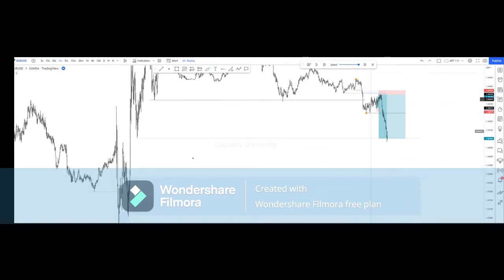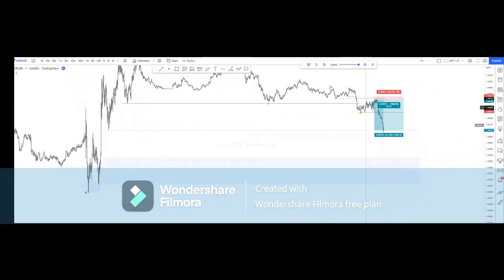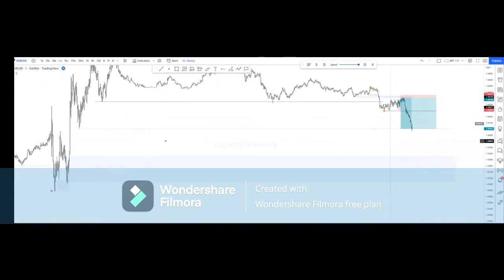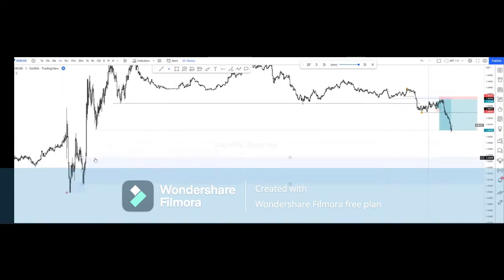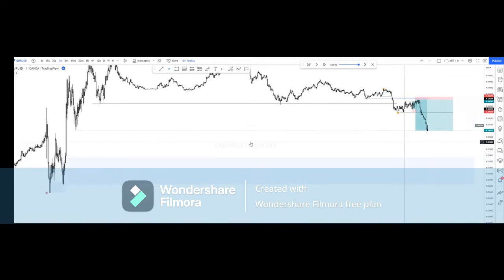Now, if you're gonna take shorts and keep stacking shorts all the way to the POI, make sure that when price comes around this area, even though I did mention don't take your position in this POI, there are different scenarios. In this case, we don't have anything here. There's absolutely nothing.